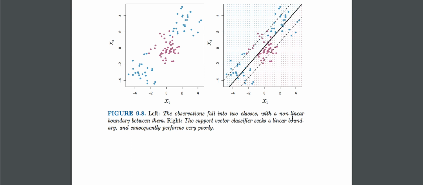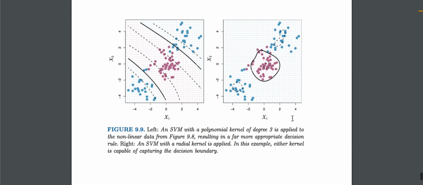Okay, let's look at this. Here we have a data set that is not linearly separable, at least in this original feature space. Why? Because we have this cloud here, and then we have these two clouds. There is not a single hyperplane that can separate them.